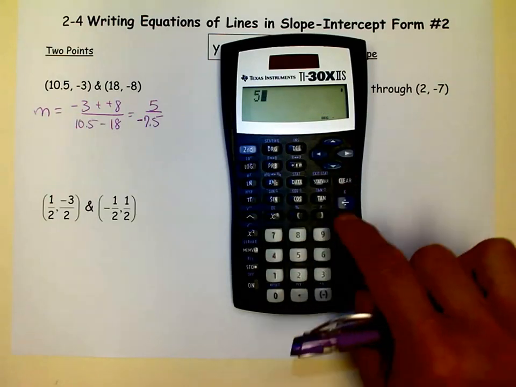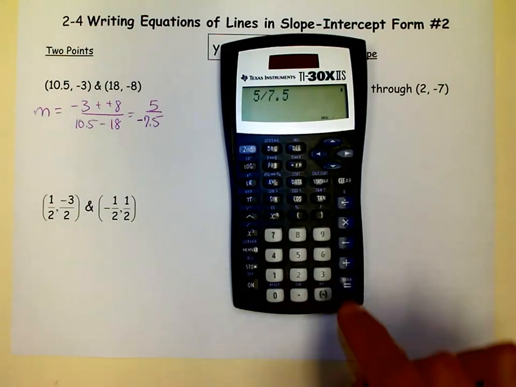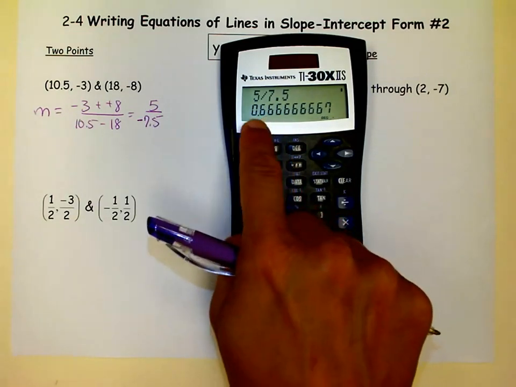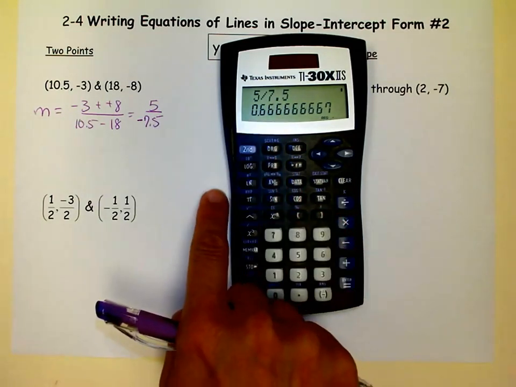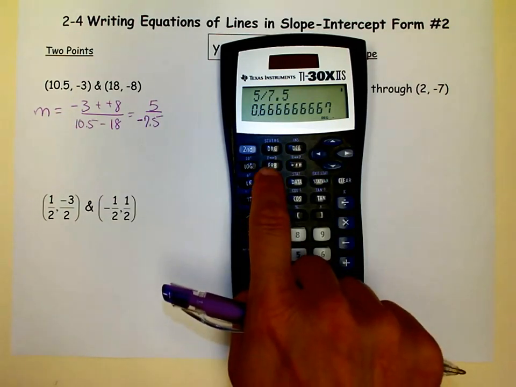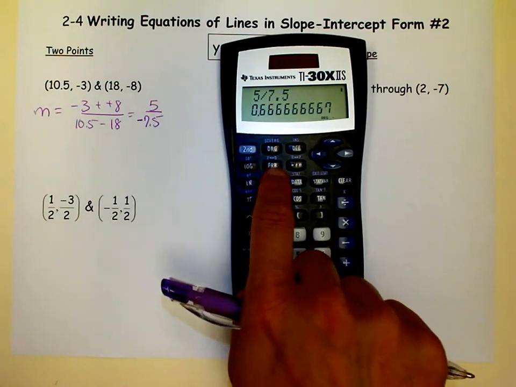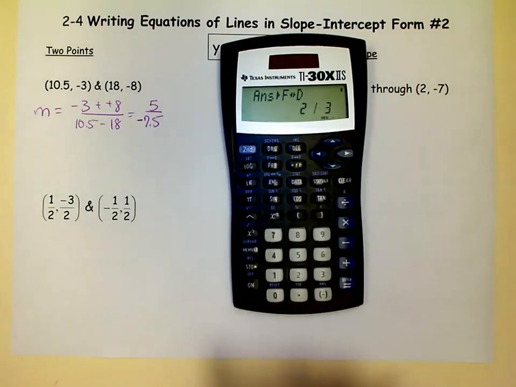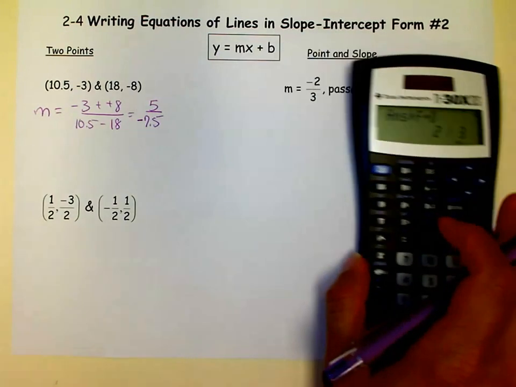We remember it's negative, I just won't use the negative right here. And we get 0.666. Now you might know that that's 2/3. If you didn't, you can change it to a fraction. We have a little button here. The second function of this one says fraction to decimal. It also changes decimals to fractions. So it's 2/3. So we know our slope is negative 2/3.